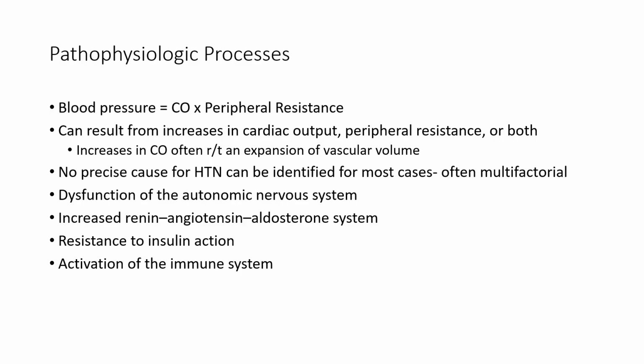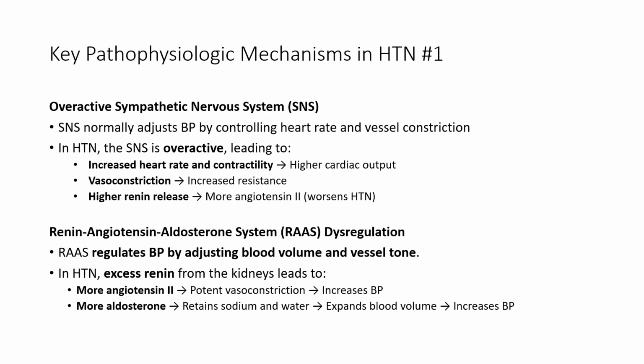Increases in cardiac output often are related to an expansion in vascular volume. Again, there's no precise cause for hypertension that can be identified, but oftentimes it's multifactorial. So we'll see a dysfunction in the autonomic nervous system, increased renin-angiotensin-aldosterone system activity, resistance to insulin action, and activation of the immune system.